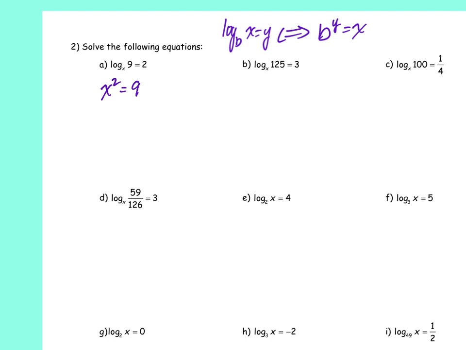So can I solve x squared equals 9? Do we know how to solve that one? Can I solve for x now?